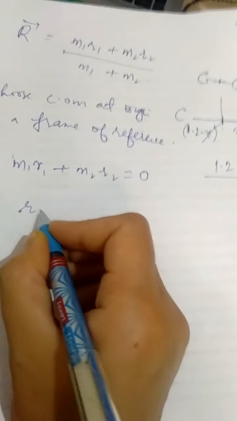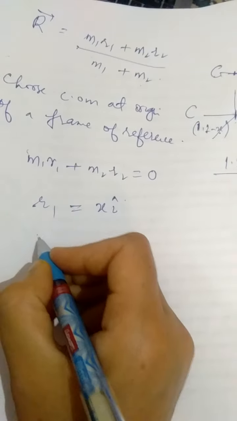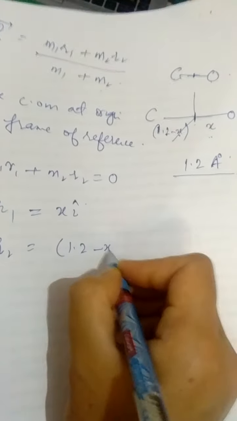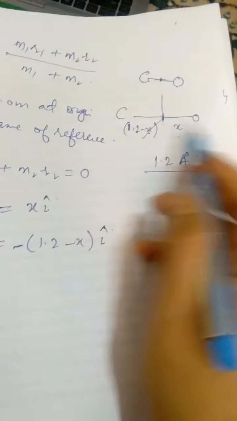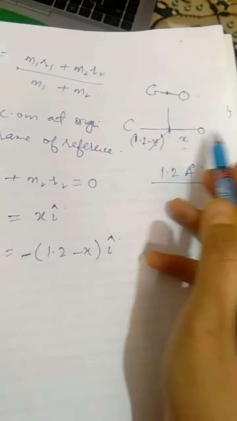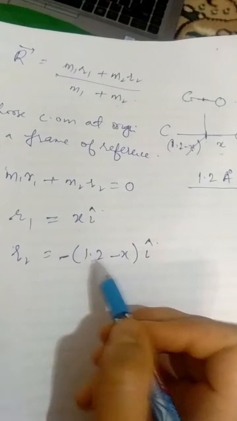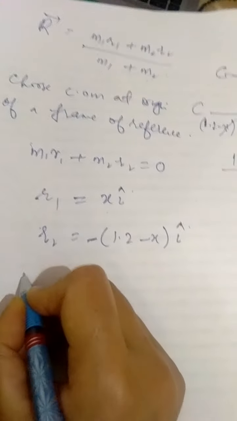So we can say that r1 is x i and r2 is 1.2 minus x i, but in the minus direction, because if this is the x-axis, on the right side you have a plus value of x and on the left side you have a minus value of this component, right? And now what is m1?